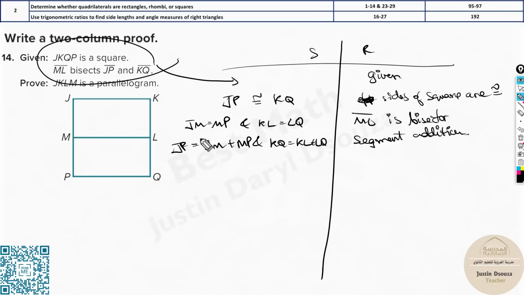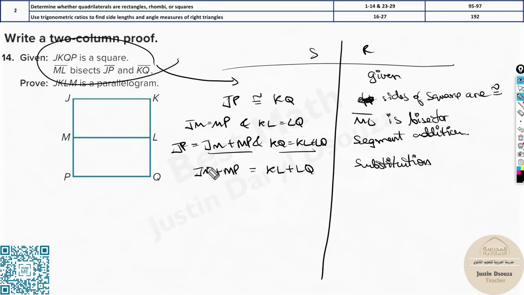Now we can say, JP is equal to KQ, right? Let's just substitute these over here in the first thing. So it's JM plus MP is equal to KL plus LQ. It's like the first problem which we proved, similar to it. It's easy to get confused, at times even I get confused over here. It's just substitution.